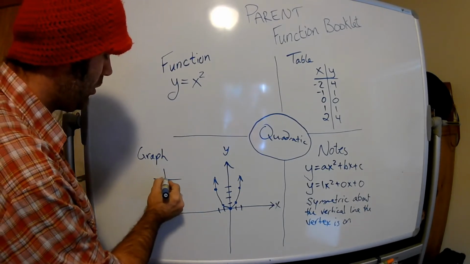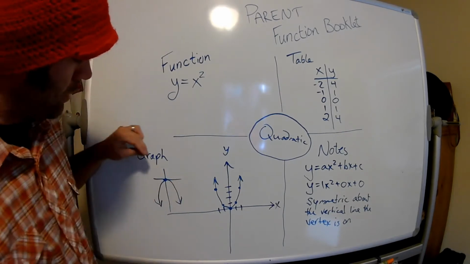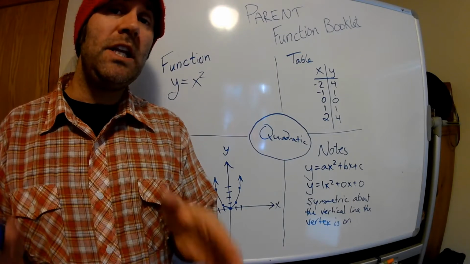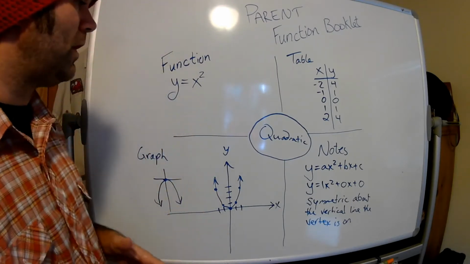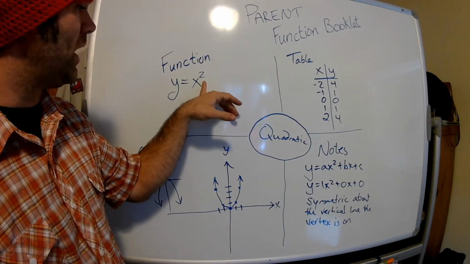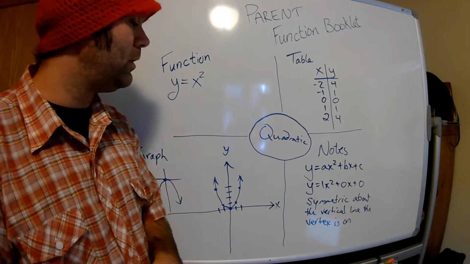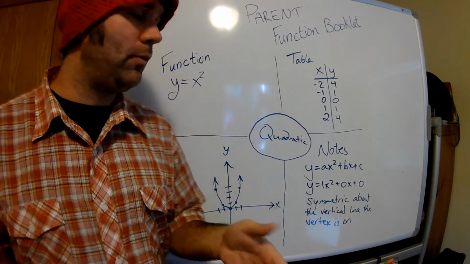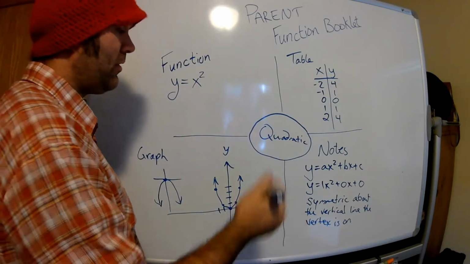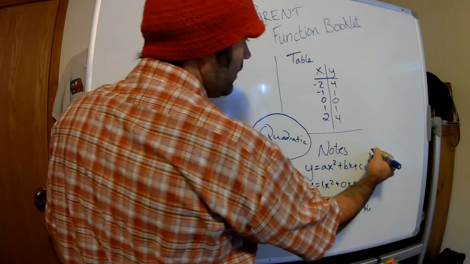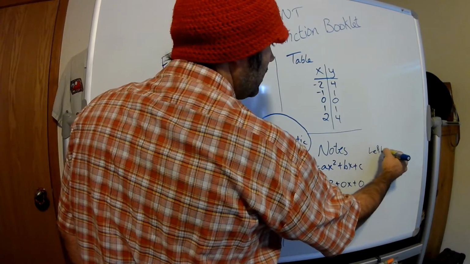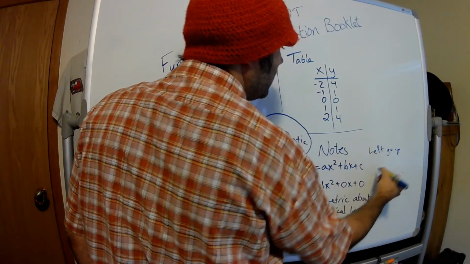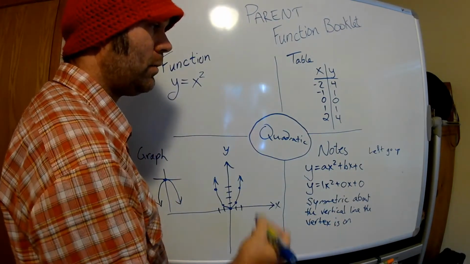And 0, 0 still would have been our vertex, but we would have been going down. And so with an even function, which is what a quadratic is, an even polynomial, we're either going up on both sides or down on both sides. So in this case, we're going up, up. As we go to the left, we're going up. As we go to the right, we're also going up.